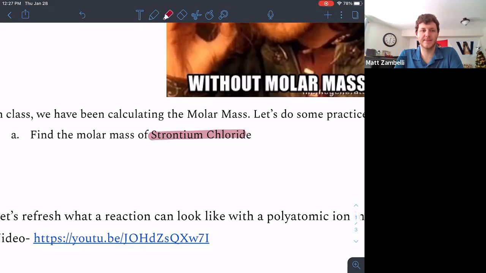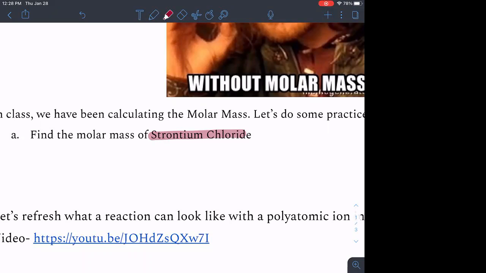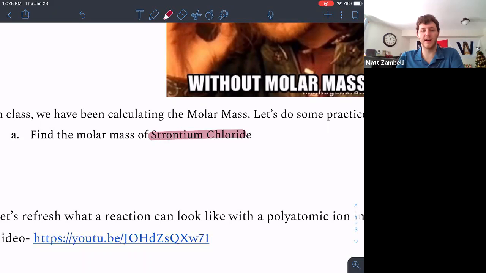Who has any ideas? Get a periodic table. Lovely, great start. We have to figure out what the ions are. Awesome, so we have strontium and chloride.